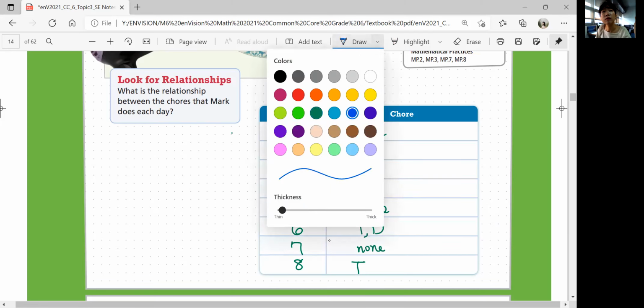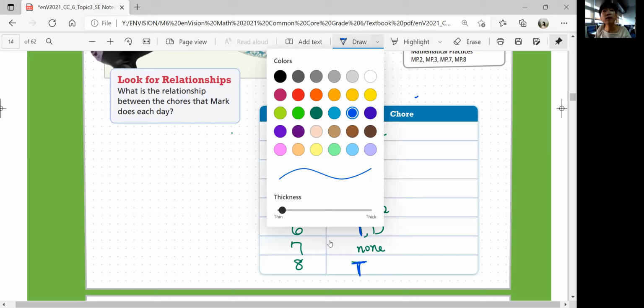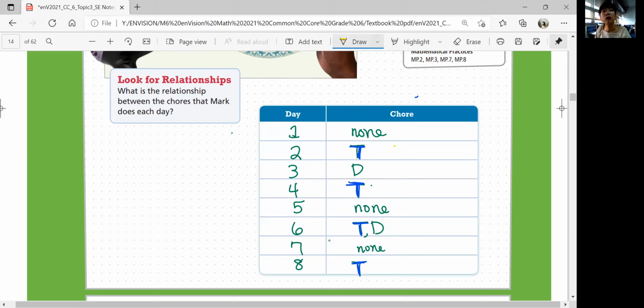Let's use different colors to see it better. T, T, T, T, every other day. Dishes every 3 days. Dishes, dishes. 1, 2, 3, dishes on the 9th day, on day 9, right?